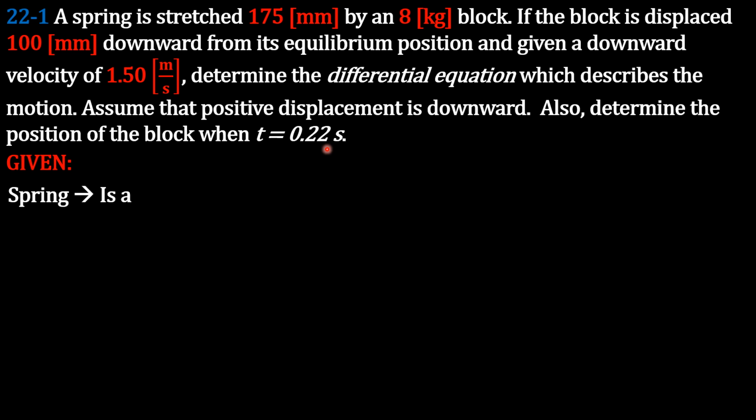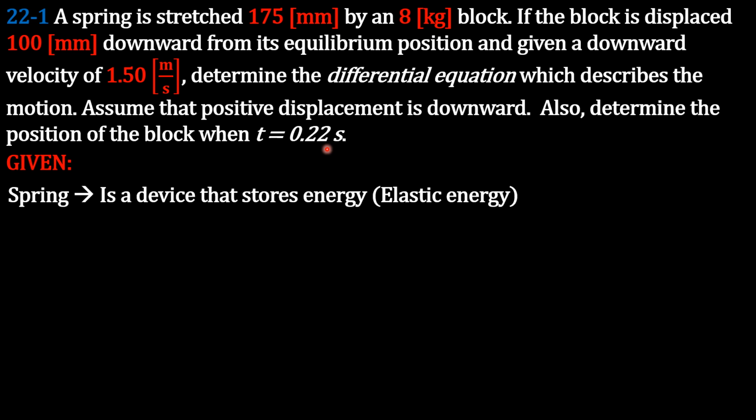So here we are given a spring. A spring is a device that stores energy, and here we're talking about elastic energy. We are told that this spring is being stretched. So the spring had an original length, and due to the 8 kilogram block, that spring got stretched a distance of 0.175 meter.